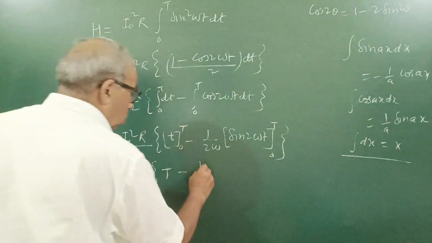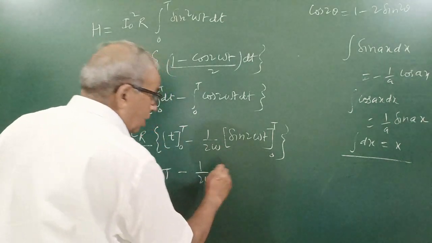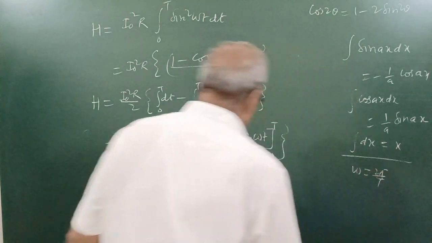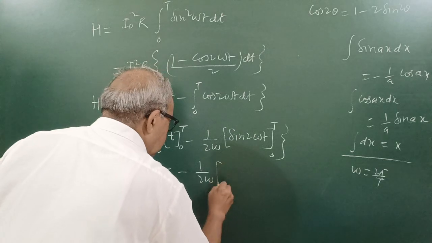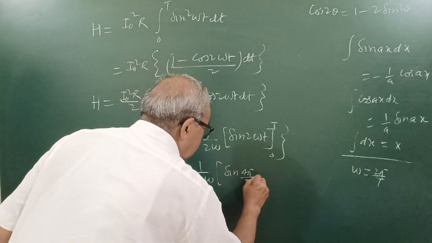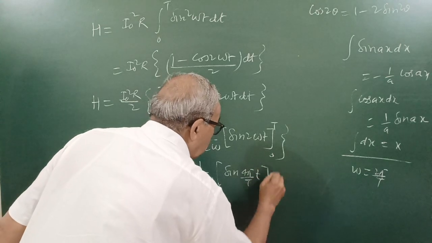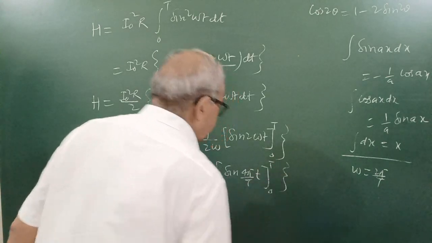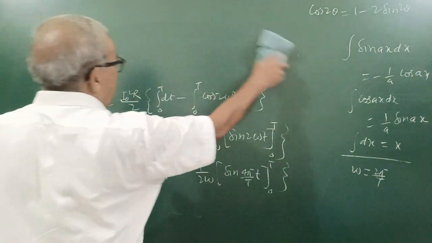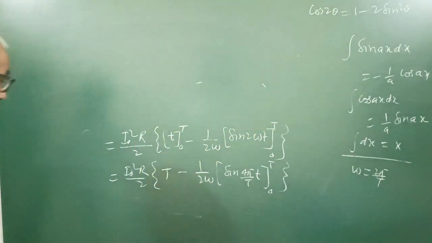Now 1 upon 2 omega. Actually omega is equal to 2 pi upon T. So here it will become sin 4 pi, because I have to put the limit 0 to T. So when we put these values here, what do we get?